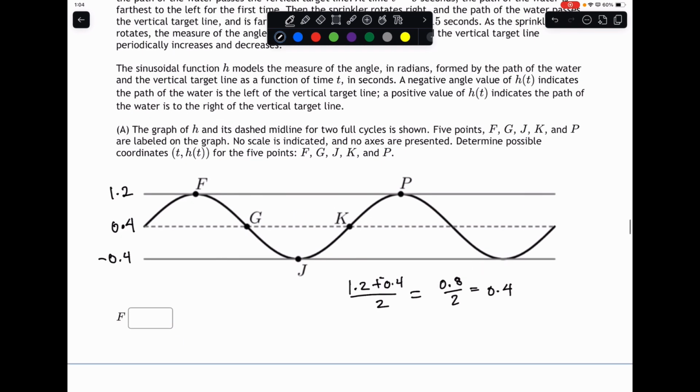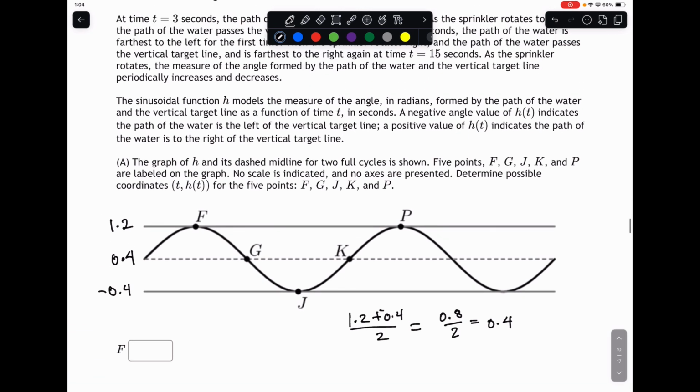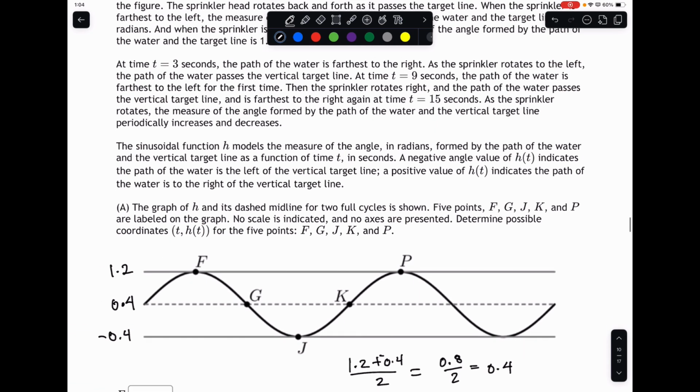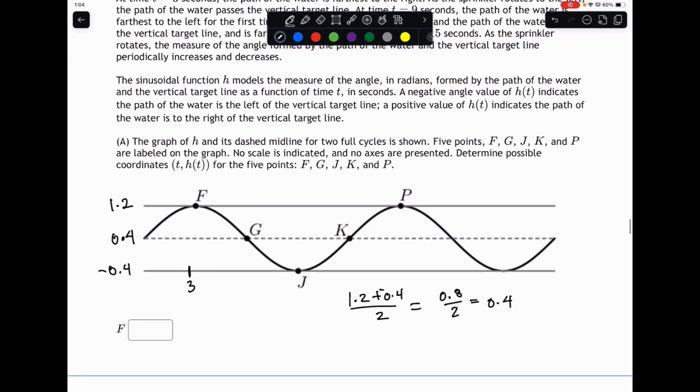Now for the x values, first thing we need to do is figure out what the period is. We are given that at t equals 3 seconds, the water is farthest to the right. That occurs at a maximum, so either at F or at P. I'm going to use F because it comes first.